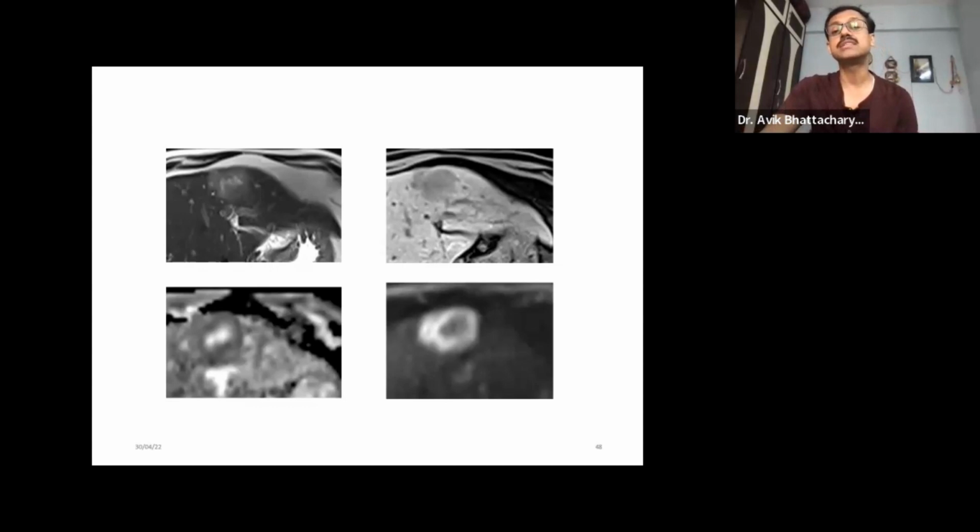So if the lesion is LR4 and alpha fetoprotein is borderline high or raised, we do not try to prove the lesion by taking a biopsy. We directly go in and burn it, doing RFA if the lesion is smaller.